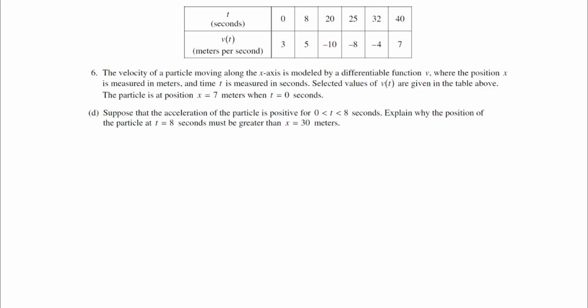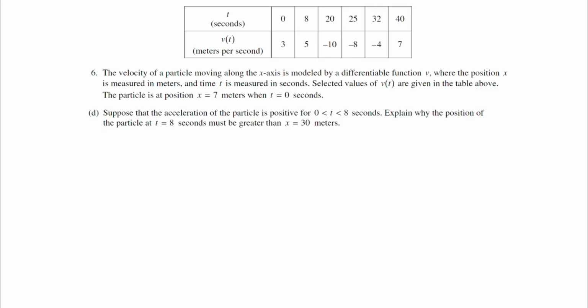Well, if the acceleration of the particle is positive between 0 and 8, that means that it certainly never slowed down, so it was always going to have a velocity that was greater than 3 on that interval, right? And it must have increased solely from 3 to 5.